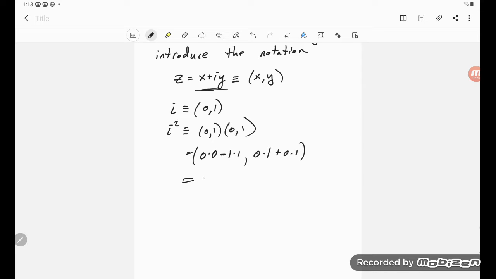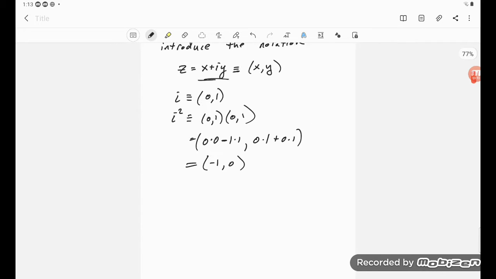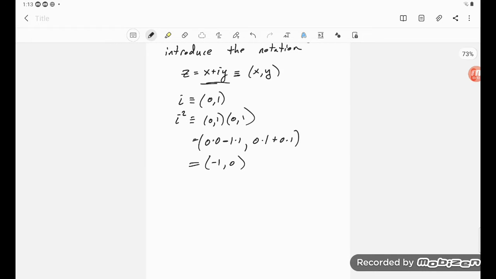And so you see we get (-1, 0). And so there is that idea of i squared being negative 1, even in this other notation, this Cartesian coordinate notation.